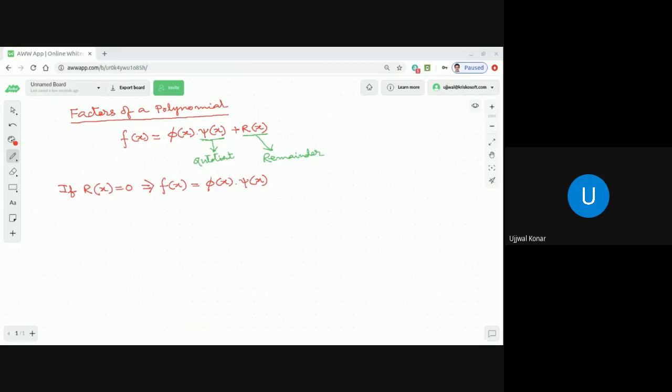Now the point is that the moment we see f(x) equal to phi(x) into psi(x), from this information what can we conclude?